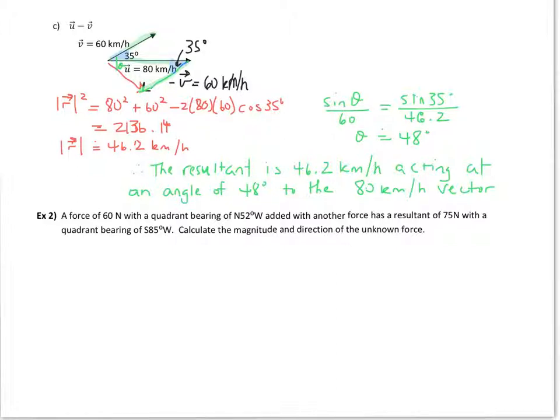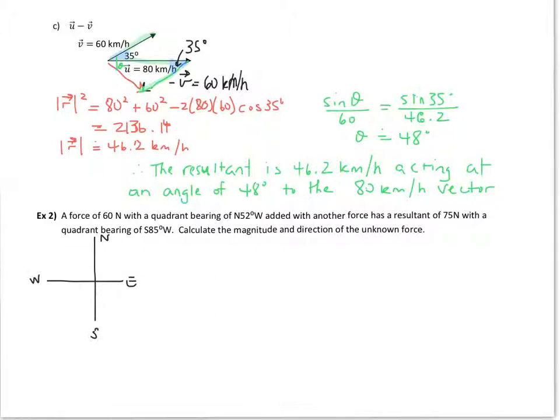Okay, so we have force 1, we would add force 2, and then we get our resultant piece here. So let's put this on our quadrant bearing plane here, or the compass rose. So I've got my north, east, south, and west.